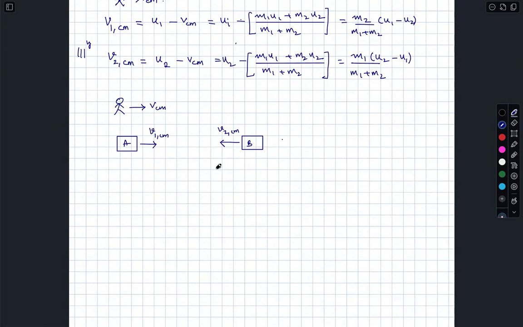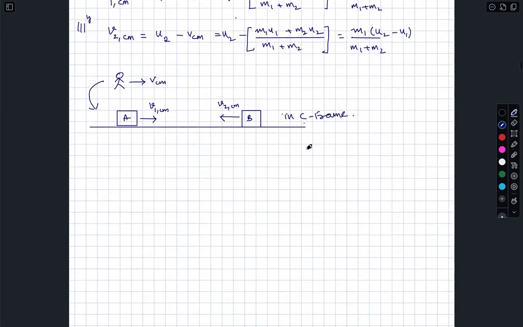This is all with respect to the frame attached to the observer. This is the picture, which you will call as the C frame.